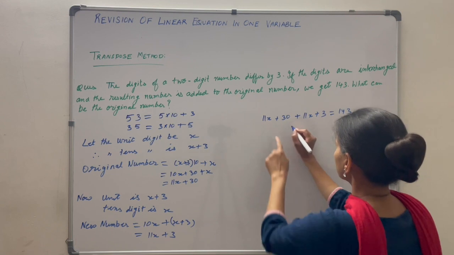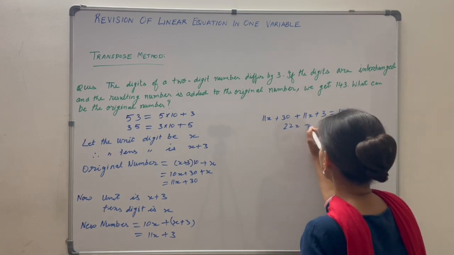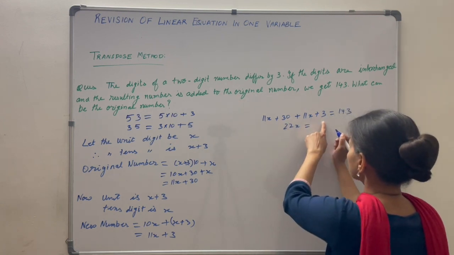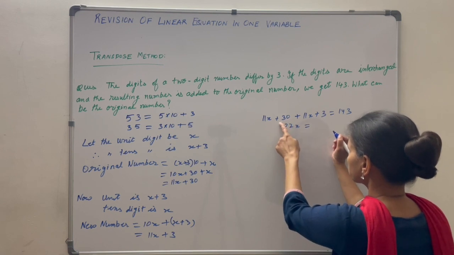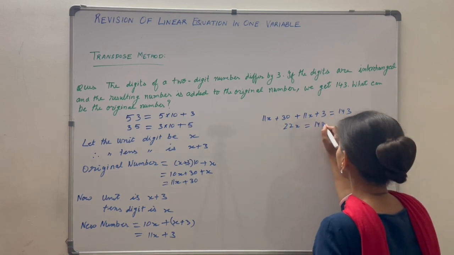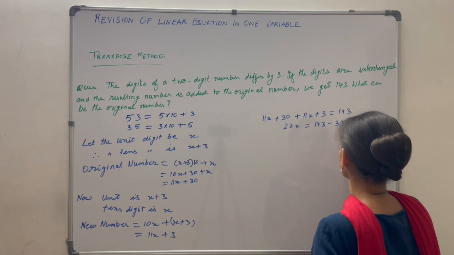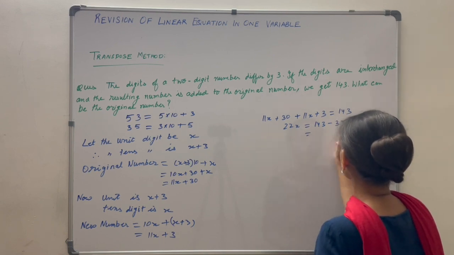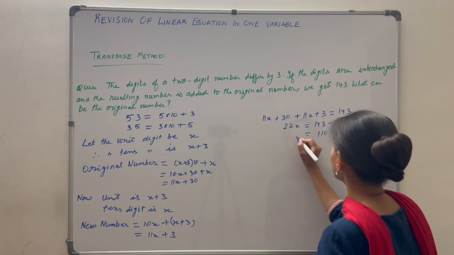So 11x plus 11x is 22x, and 30 plus 3 is 33. On this side it is plus. When it goes to the other side, it becomes minus 33. So 143 minus 33 is 110.